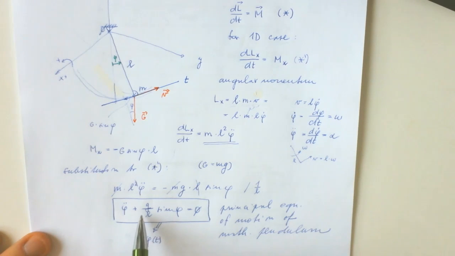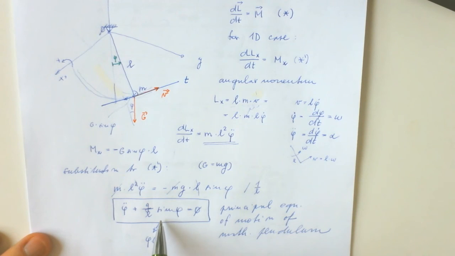Standard form of an equation is when the highest derivative is standing alone, has no coefficient, so we divide by L, and we get phi with two dots plus g over L sin phi is equal to 0, which is the principal equation of motion of the mathematical pendulum.